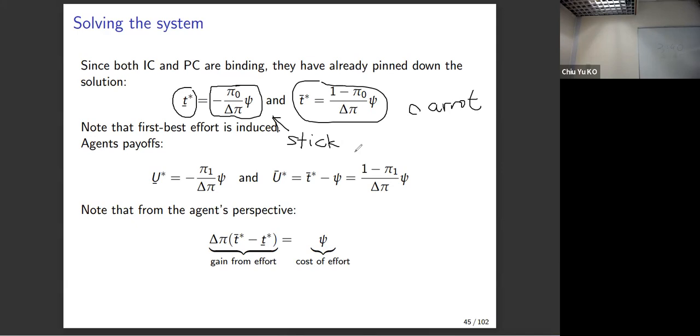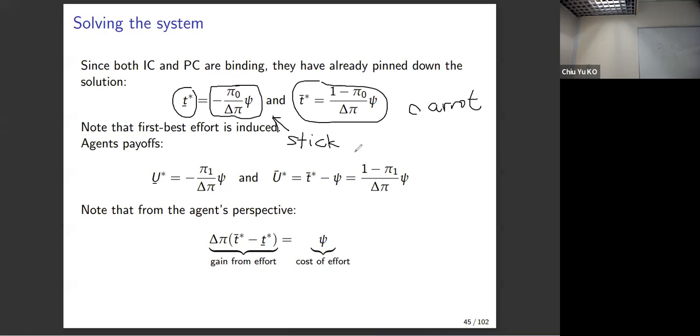So if I put in effort and luck happens, I get something positive. If I'm unlucky, I get a stick, negative, I get punished. In that case, as an agent, I do the effort and I improve the probability.